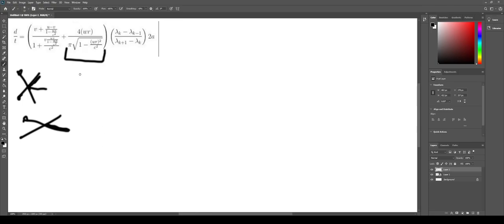This equation tells me that the end speed is 127.3 c, and this equation shows one more thing.